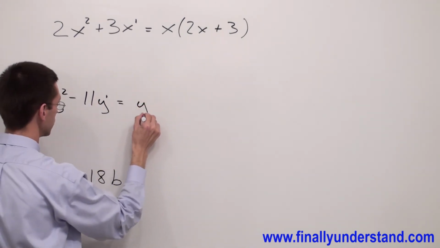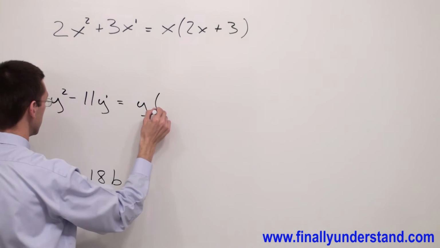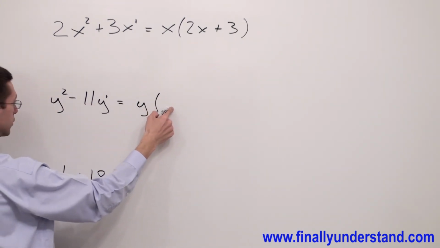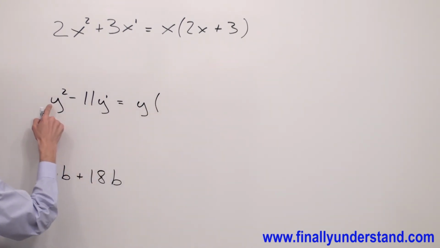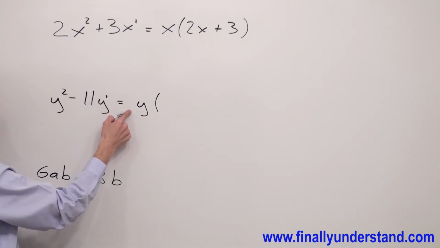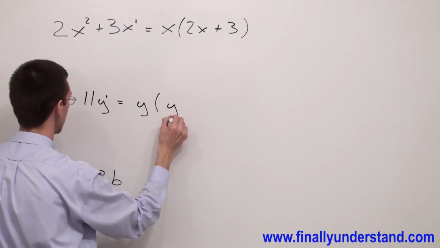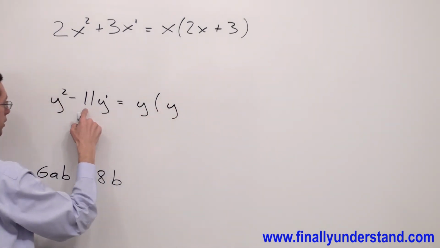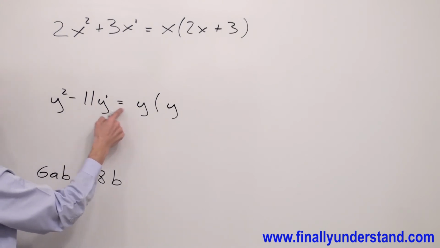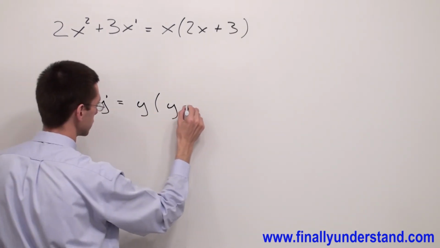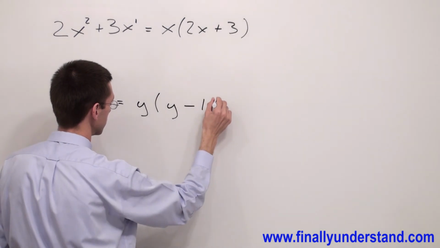So in this case, I have simply y. In order to find what I have to write inside of the parentheses, simply divide. Y squared divided by y is y. Negative 11y divided by y is just simply negative 11.